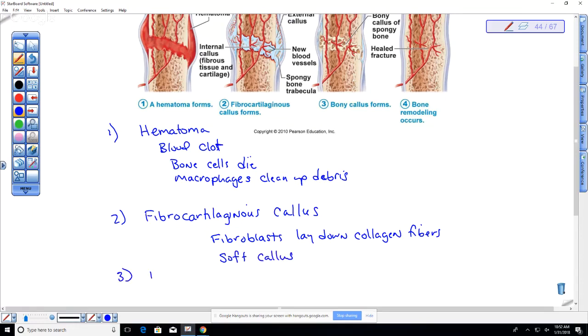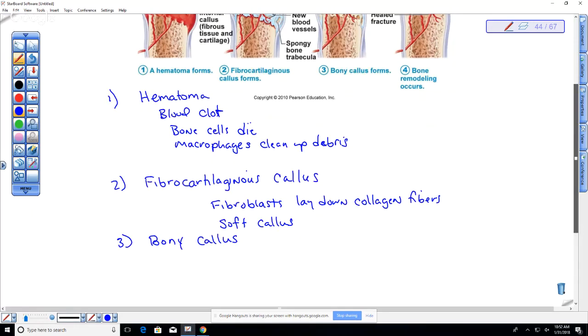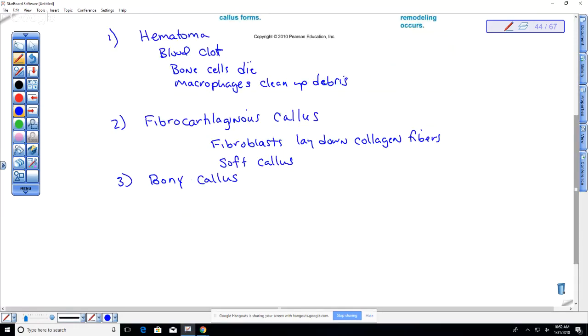The third one is the bony callus. And so this is where we start to get bone being laid down. And the first type of bone that is laid down is the spongy bone.